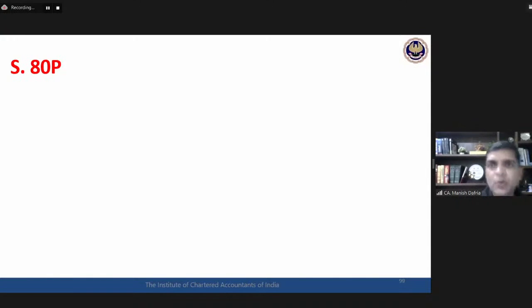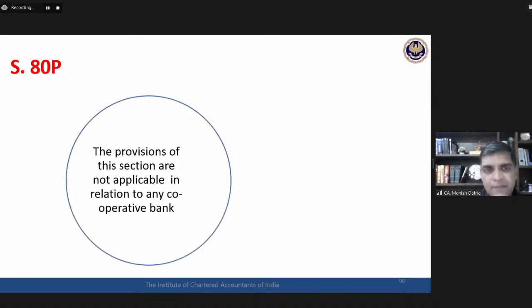The last point related with this section 80P: all these provisions are not applicable for the cooperative bank. Now, there are a number of cooperative banks which are banks, but which are registered as a cooperative society. So they say that we are first a cooperative society, then a bank, and we should be allowed this deduction.